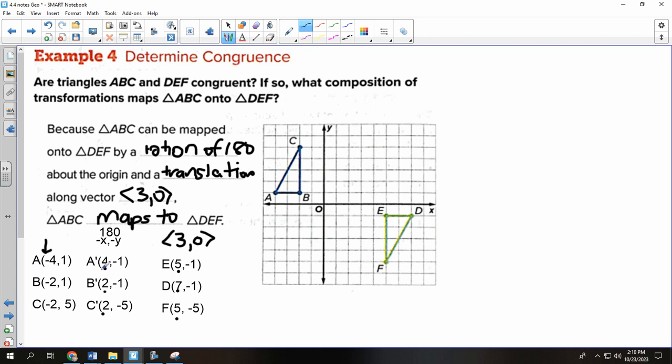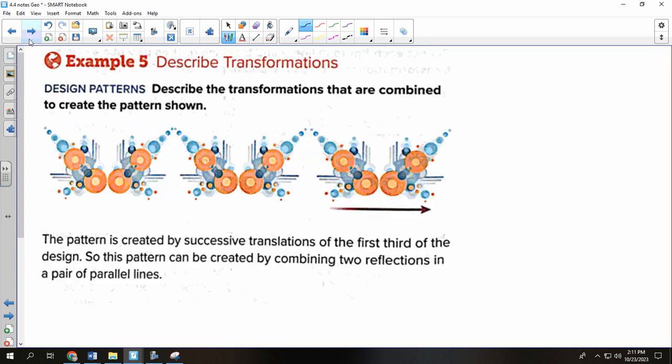So we add 3, and you guys notice A goes with D, B goes with E, and then C goes with F. Because when we rotate this around, A lands in the D position, B lands in the E position, and C lands in F's position. And that's how we map it.